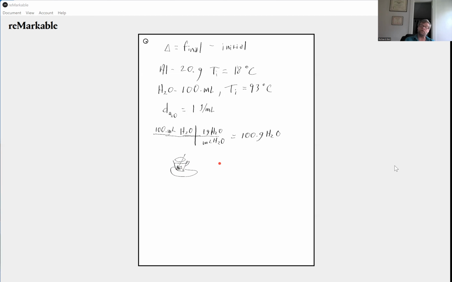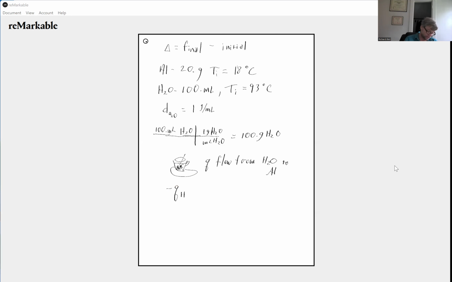Heat is going to flow from a region of high temperature to a region of low temperature. So heat will flow from the water to the aluminum. So the heat lost by the water will be gained by the aluminum.